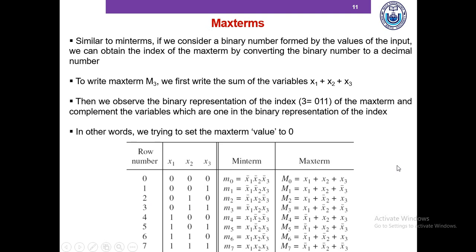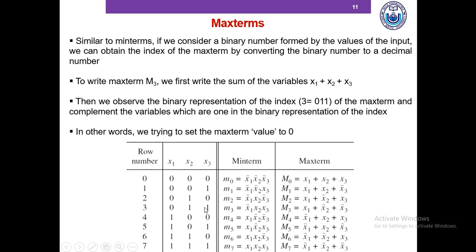So how do we write a maxterm? To write a maxterm, capital M3, we first write the sum of the variables. This is a 3-variable truth table, so we write x1 plus x2 plus x3. Then we observe the binary representation of the index. For this row, M3, if we convert 3 to binary, we get 0, 1, and 1.